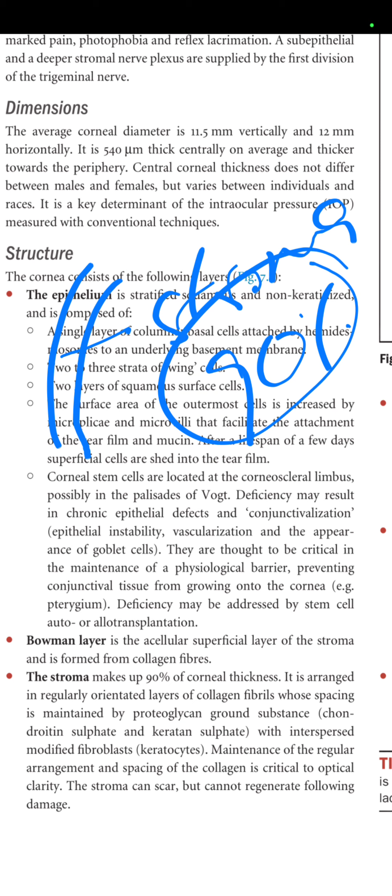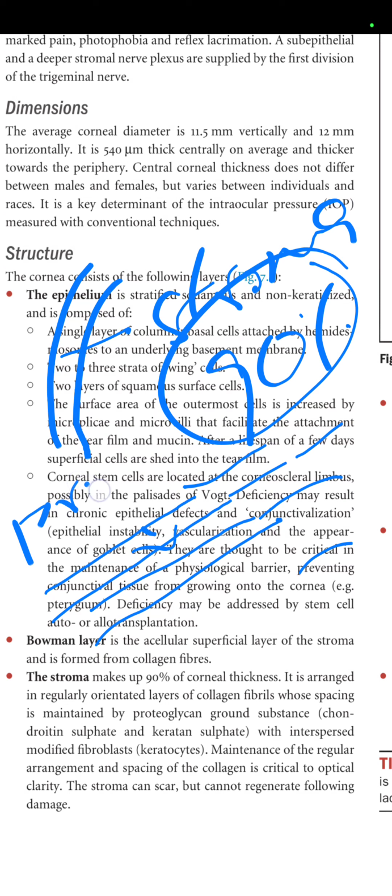So basically, the cornea should be clear, so there are regularly arranged fibrils, and these are separated by proteoglycan substances, which are usually chondroitin sulfate and keratan sulfate, with interspersed modified fibroblasts, keratocytes. Maintenance of the regular arrangement and spacing of the collagen is critical to optical clarity.